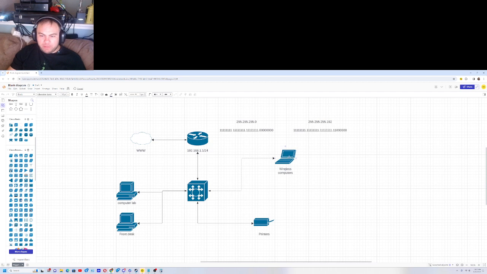So my computer is going to call out on the network on that channel of 255, or whatever the last IP address is in the network, and say, hey, who carries the IP address 192.168.1.10?